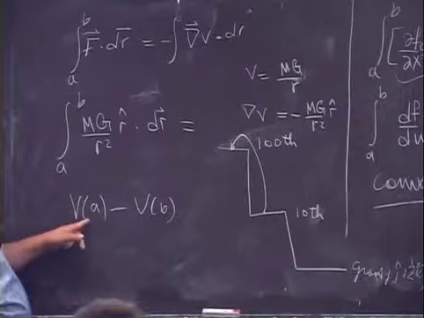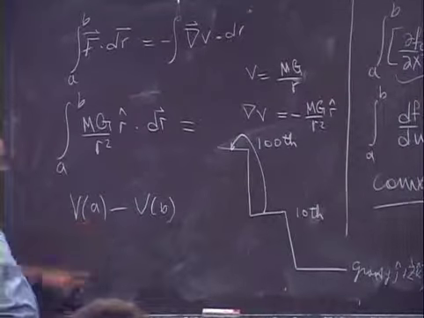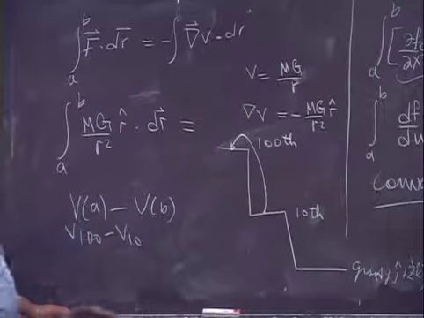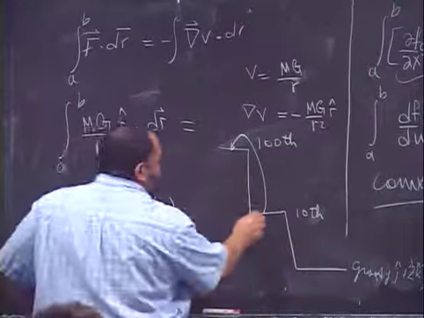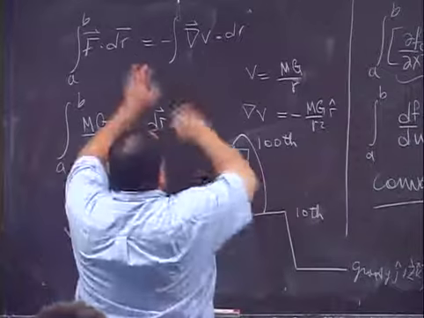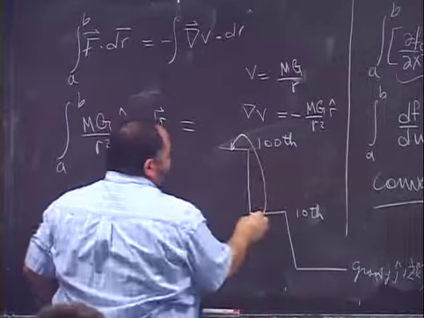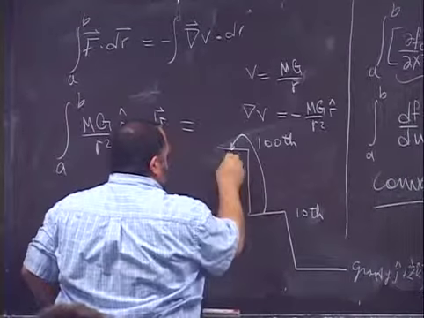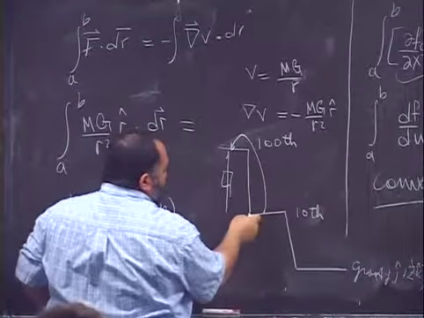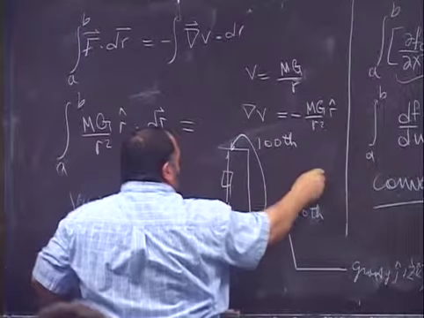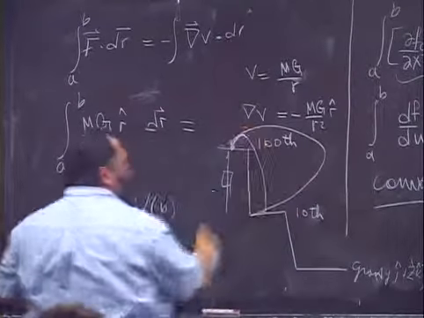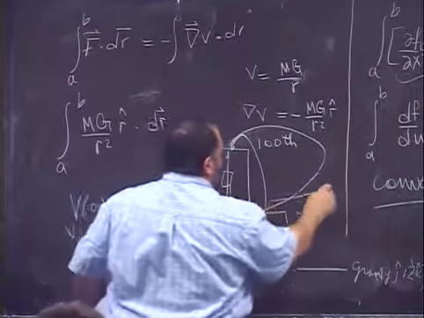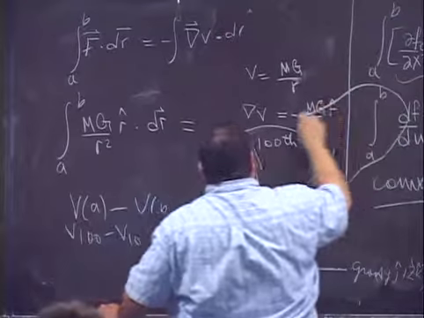It will be what? The potential at what? At hundreds minus the potential at what? It does not depend on whether you climbed the building, or took the elevator from inside that takes you from here to here, or somebody dragged you with a big rope, or you got a helicopter that took you from here, then went from here, and from here, and then came back to here.